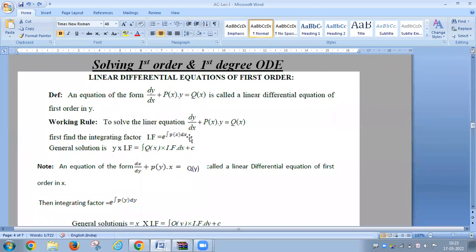Procedure to solve first order and first degree differential equations, in particular, linear differential equation.